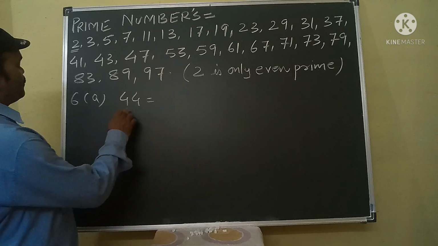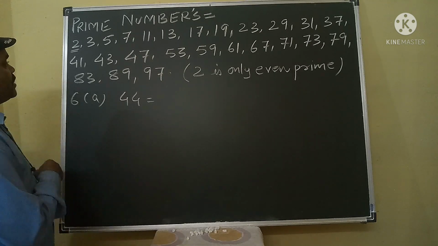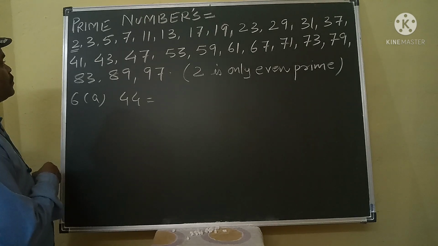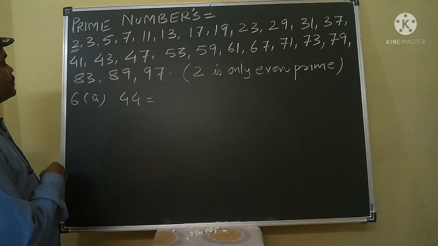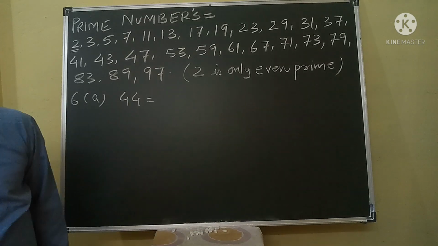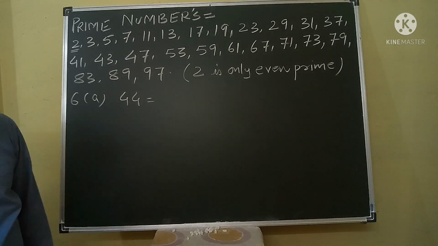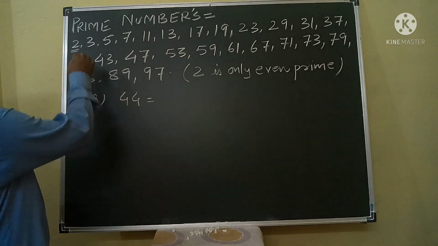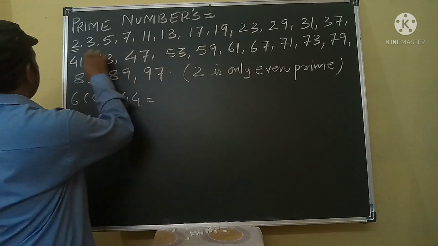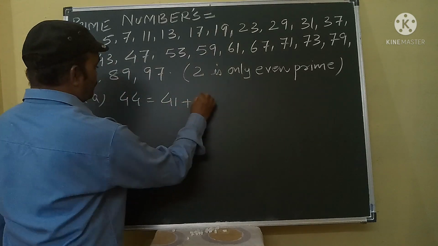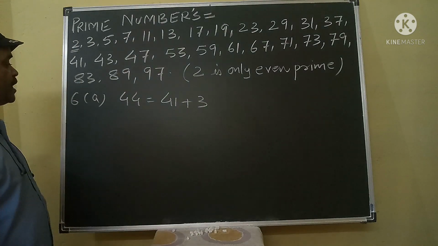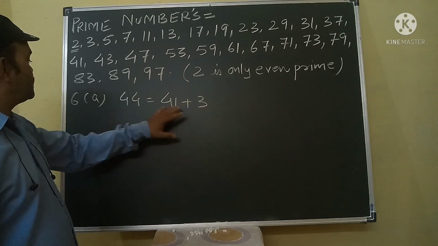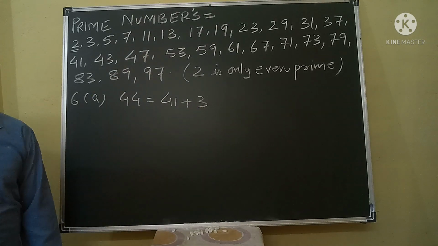So 44 you can write as 41 plus 3. 41 is an odd prime number and 3 is an odd prime number. 41 plus 3 is equal to 44. Okay.